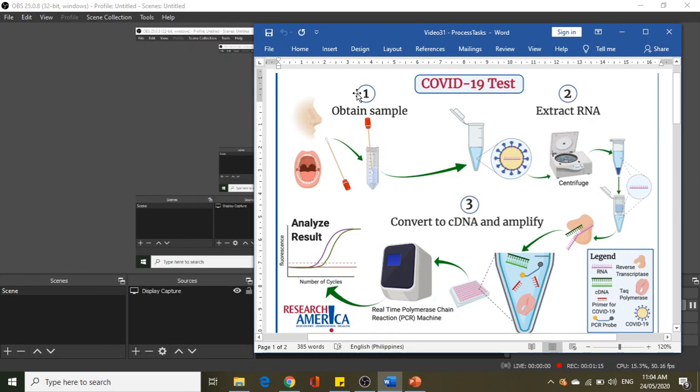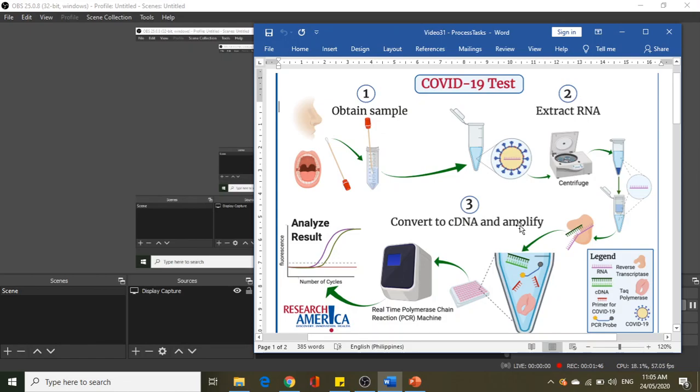So the overview here is now very easy to spot because all you need to do is to summarize all the stages involved in the process. For example, the first step in the process is obtaining a sample, and then the second step is extracting the RNA, and the third step is converting such RNA to cDNA and amplification.